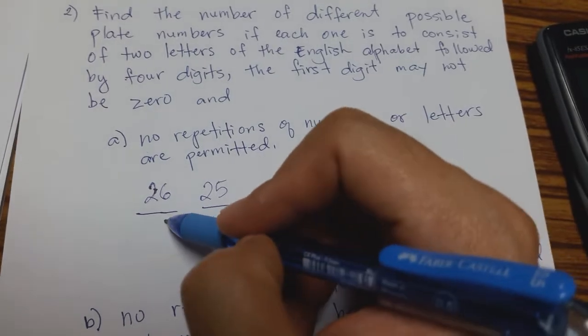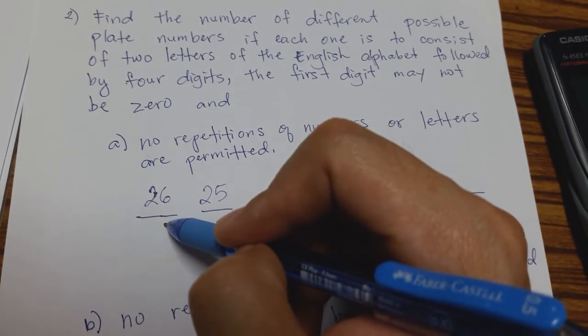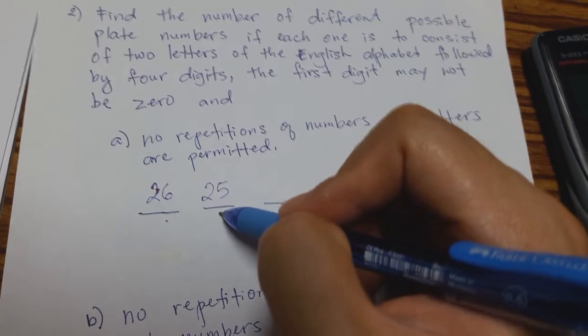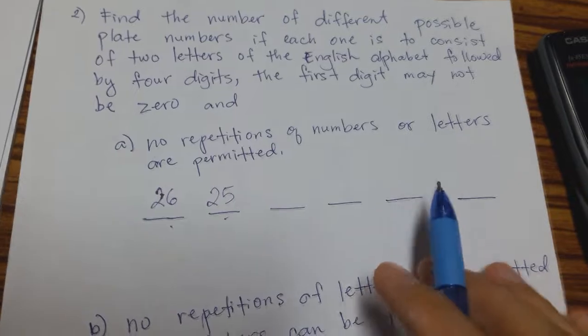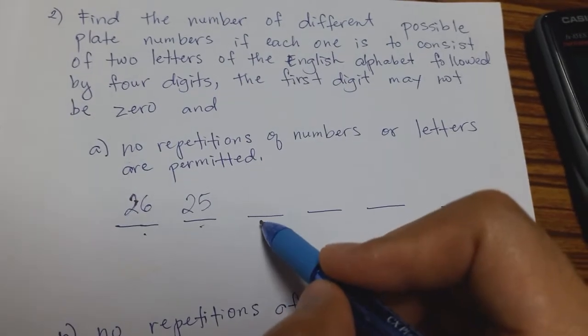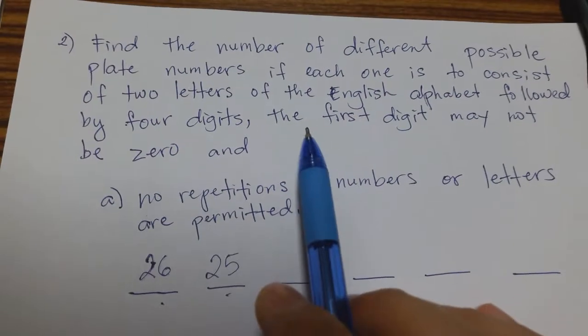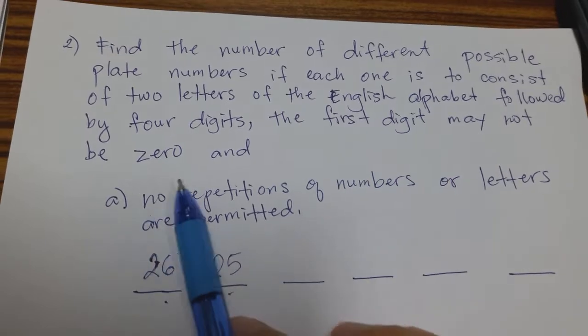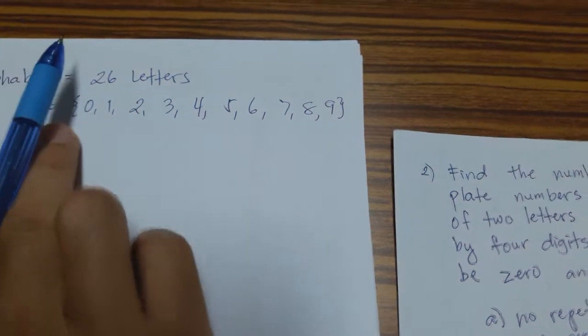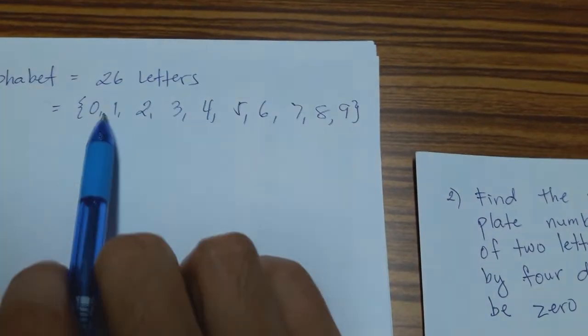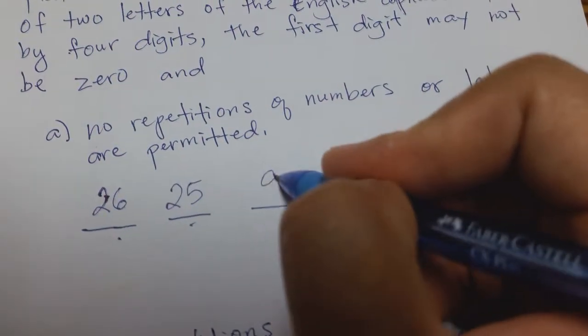If I use letter C for the first line, I cannot use letter C again for the second line. That's why we have 25 options. For the first line of the digits, we have the condition that the first digit may not be 0. So we have 9 options only for the first digit.